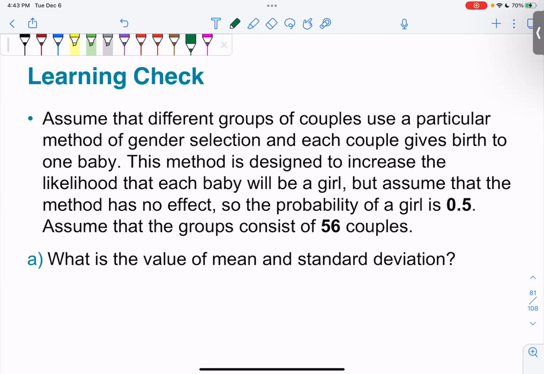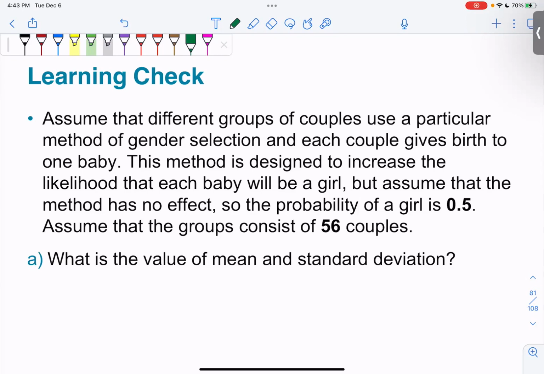So now, before we start this example, is it binomial distribution or not? Let's check the 4 requirements for binomial distribution. The first one, n is fixed.